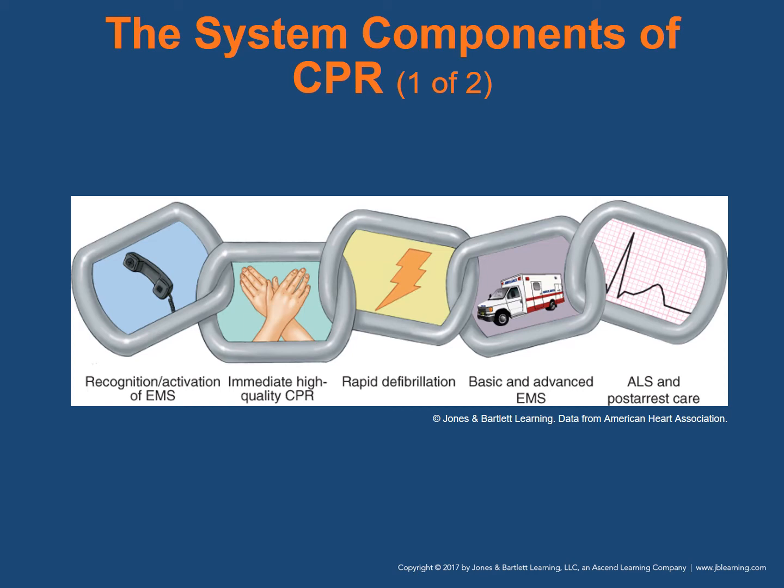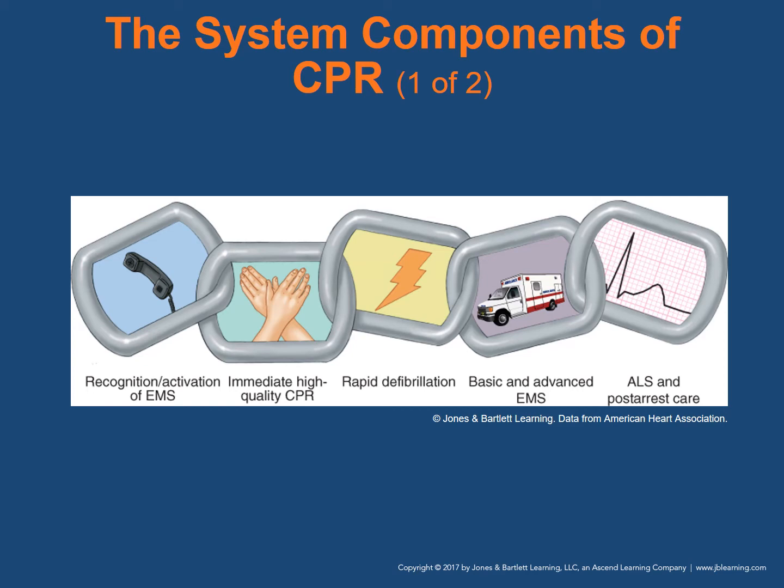Of course, we've already learned about definitive signs of death, which means even with the activation of CPR, even with the 5 links in the chain of survival being met, that patient cannot be brought back to life because too much of their brain tissue has died, too much of their pulmonary tissue has died, too much of their myocardial tissue has died, that the patient now is definitively dead.